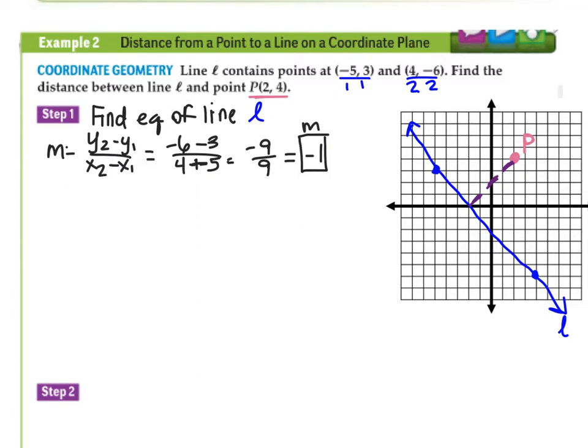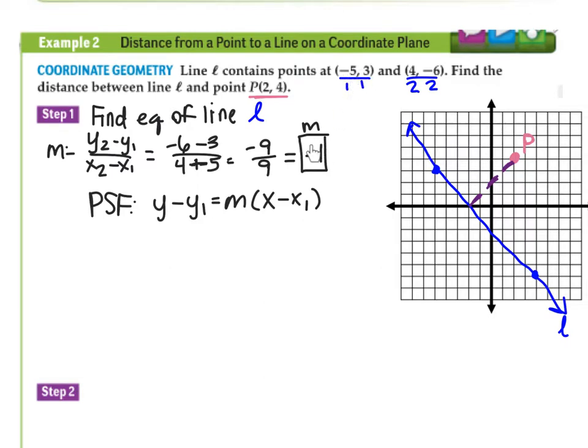Now think back to what we covered the other day. When we're given a slope and a point, which form do we have to put those into? We have to put that into point-slope form, which I will label right here, PSF. Remember that's y minus y1 equals m times (x minus x1). In order to fill this out, use the information that we have.